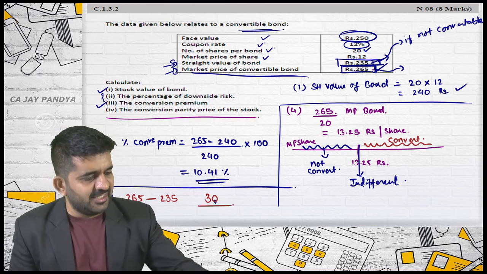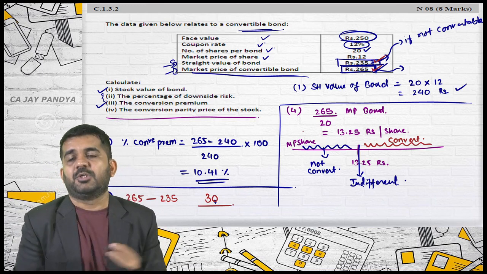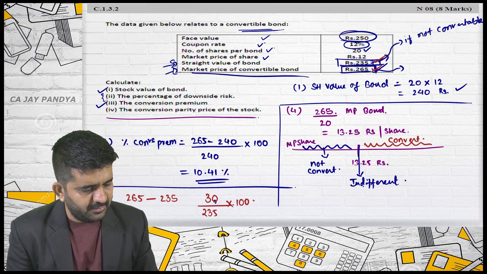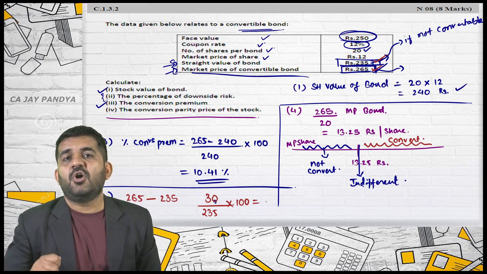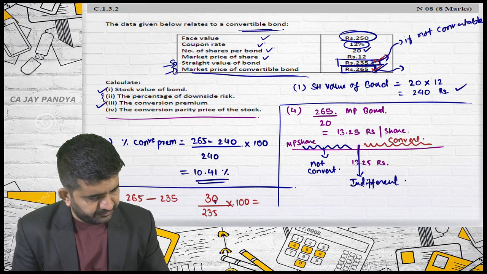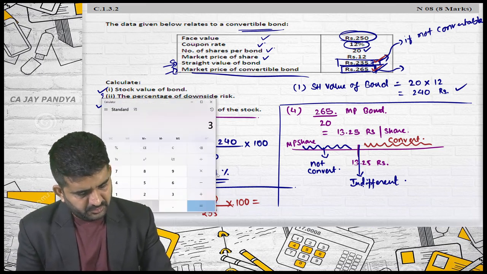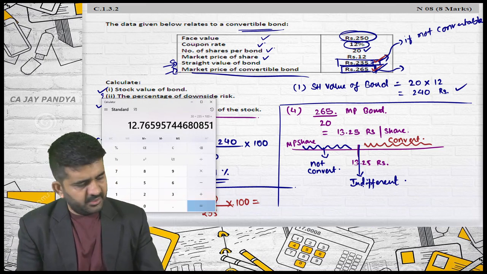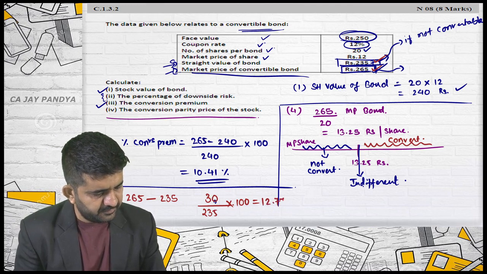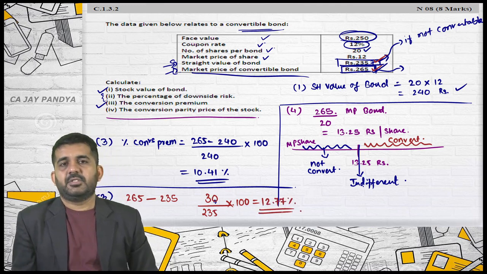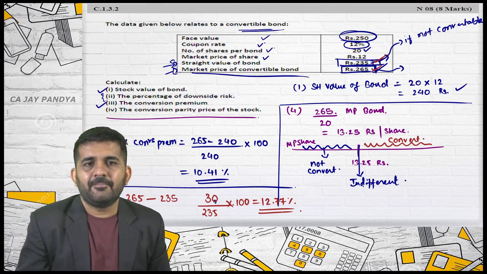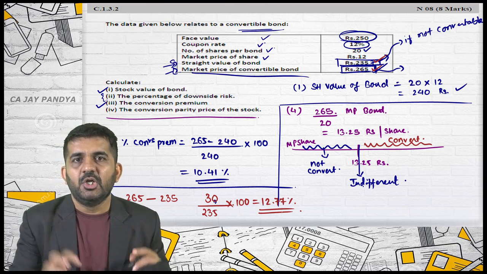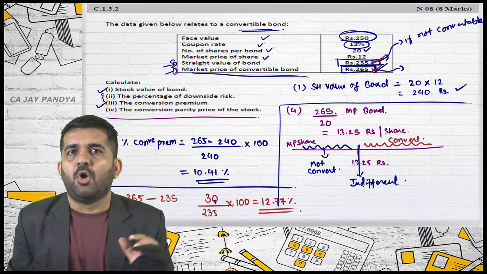Maximum by 30 rupees. As weird as this seems, it is not compared with 265, it is compared with 235. Divided by 235 multiplied by 100. Percentage of downside risk. It is 30 divided by 235 multiplied by 100, which is 12.77%. Please understand, 12.77% is the gap between the non-convertible bond and convertible bond market price.